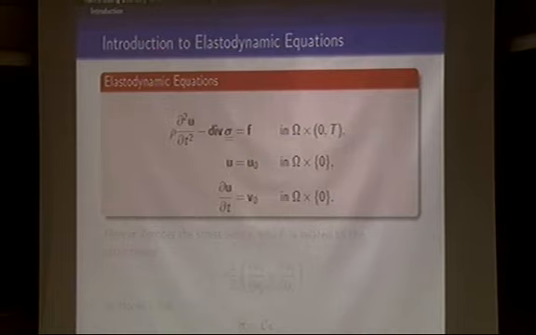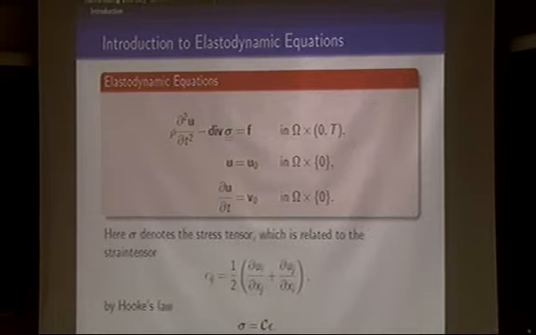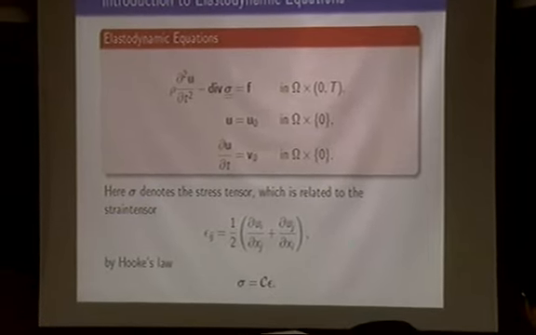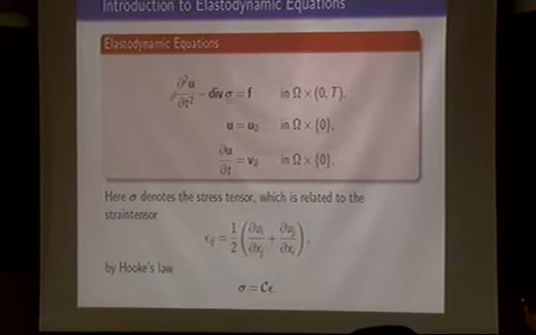Rho is the mass density, and minus divergence sigma equals F. The solution U is also vectorial because you have, for example, 3 different displacements in space: X direction, Y, and Z direction, and you also have initial conditions. The stress tensor you can determine from the strain tensor with this equation, and you also have the very famous Hooke's law. So the stress tensor is related to the strain tensor with the matrix C. So that is the elastodynamic equations.